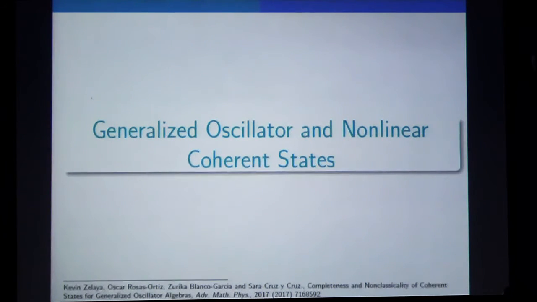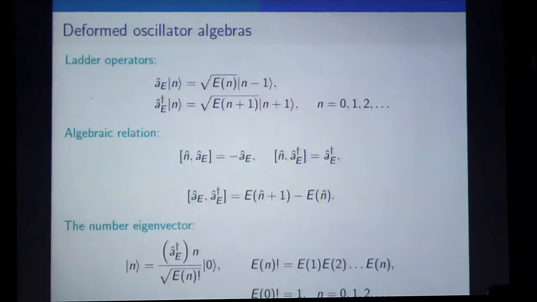I have to say that this part of the work was developed in collaboration with Kevin, Oscar, and Sarah, and is already published in this reference. In this work, we are modifying the oscillator algebra by introducing these ladder operators, such that the action over the number Hilbert vector is given in function of this E function, which is a non-negative function.